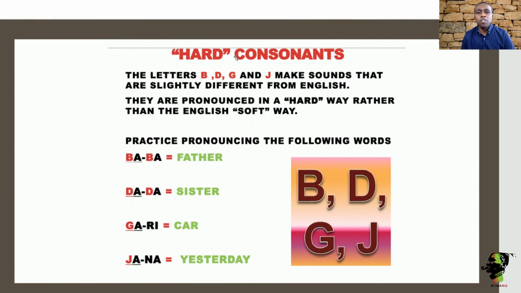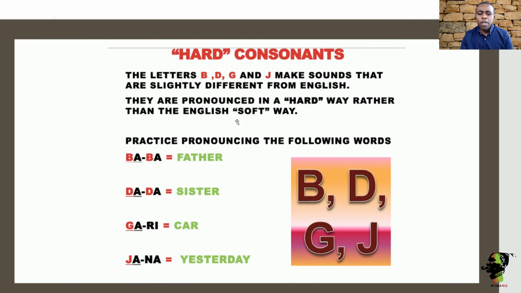We have hard consonants, and Swahili is very interesting because in English we don't really have hard consonants. We just speak the language. So in English you have relatively soft sounds, but in Swahili we have very hard consonants in some words. The letters B, D, G, and J make sounds that are slightly different from English, pronounced in a hard way, or with a bit of emphasis on them.